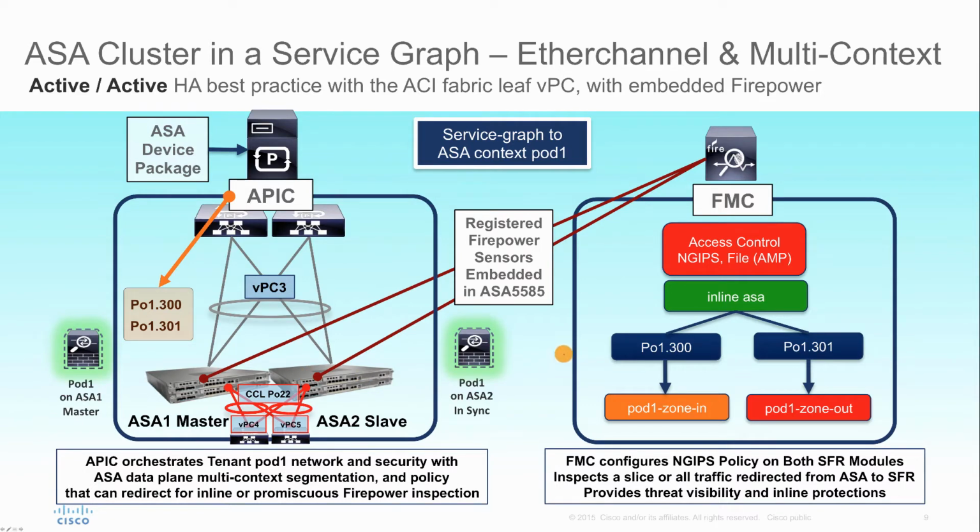This includes also our Firepower integration into the ASA appliances and your ACI Fabric. So once we install that ASA device package into APIC, our particular topology here includes our pre-configuring the cluster of two ASAs that we see here.